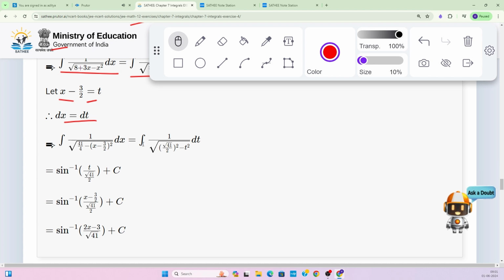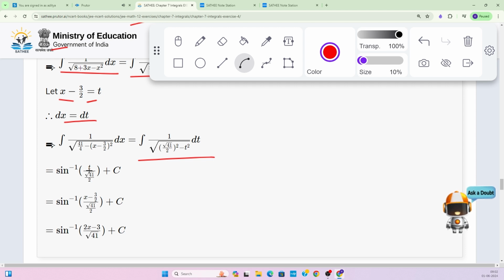Your integration will now be 1 by root of root 41 by 2 whole square minus t square. This is the form 1 by root of a square minus t square, which is nothing but sine inverse t by a. This means sine inverse 2t by root 41 plus some constant.